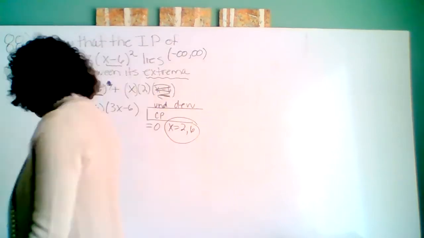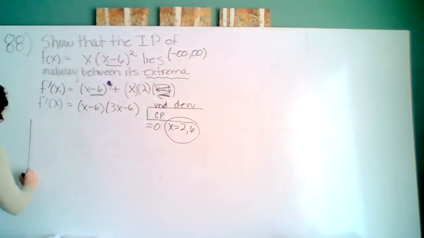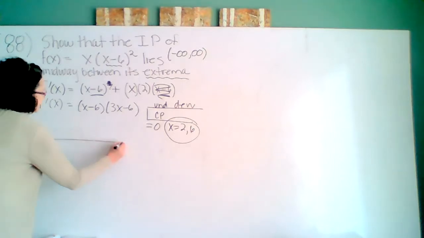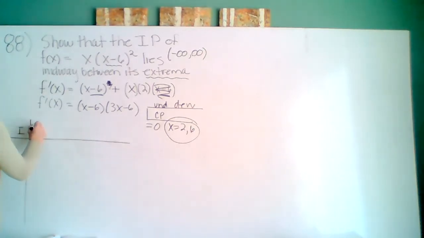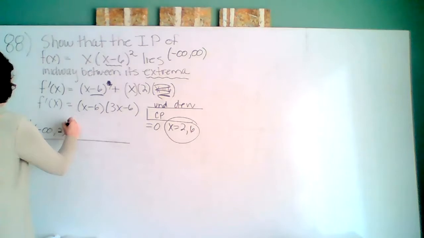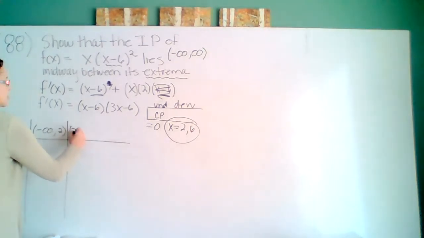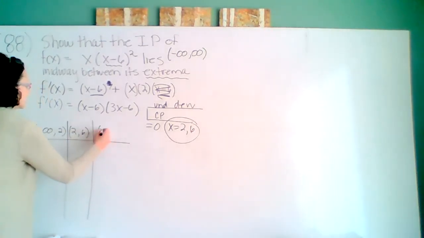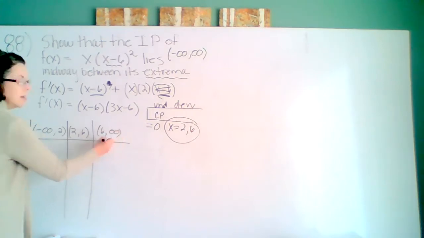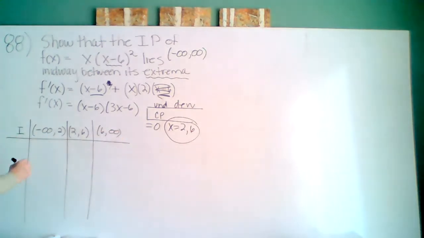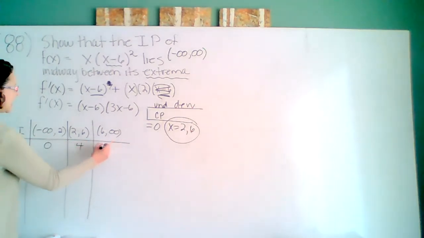All right, let's make our chart. First derivative chart. Here we go. Intervals: negative infinity to 2, 2 to 6, 6 to infinity. Make sure I'm still on the screen. I am. Okay. Test values: 0, 4, and 7.